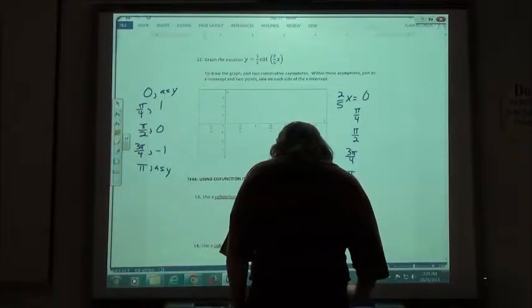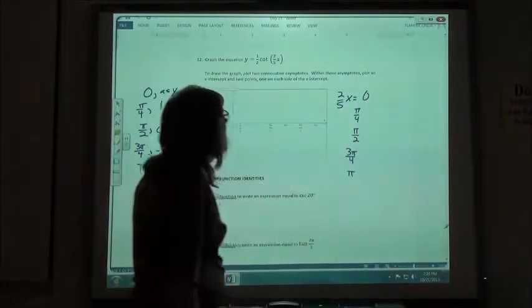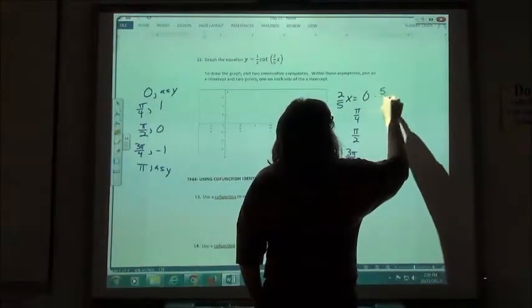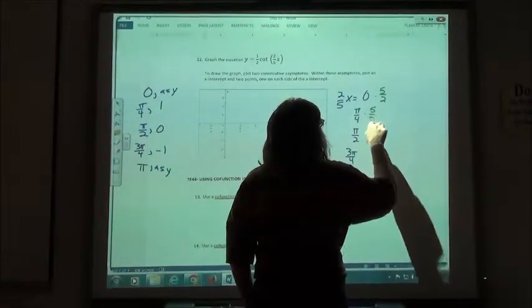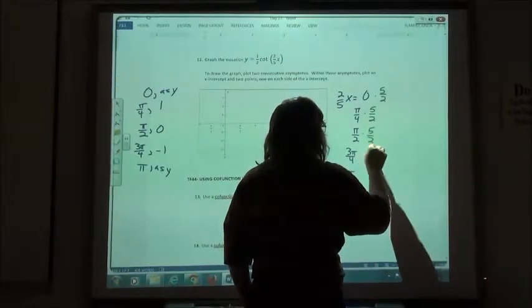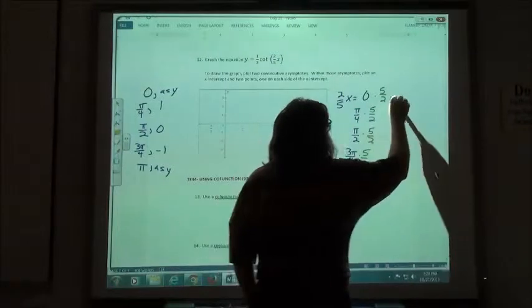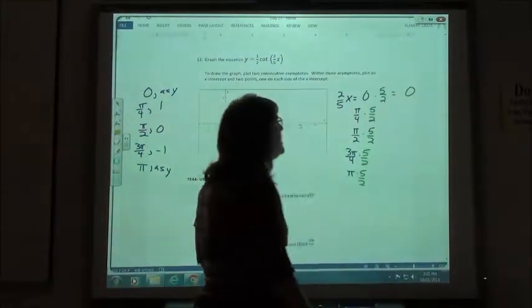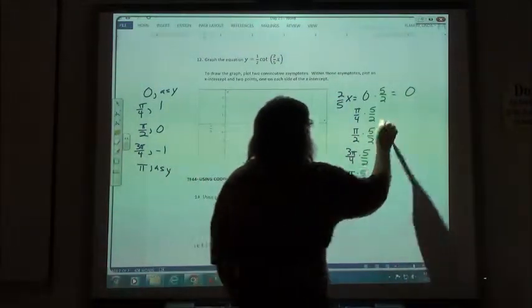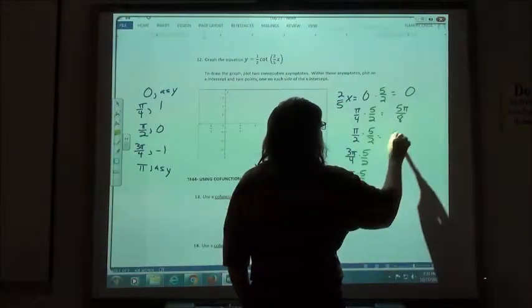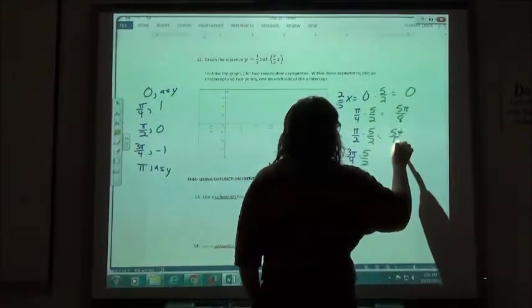I have to solve that for x, so I would divide by 2/5, which is multiplying by 5 over 2. So 0 times 5 over 2 is still 0. Then I'm going to get 5 pi over 8. Then I'm going to get 5 pi over 4.